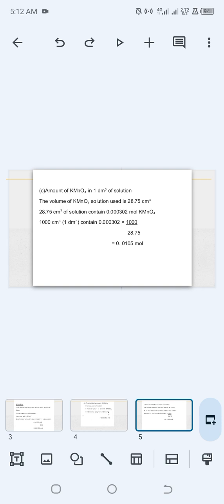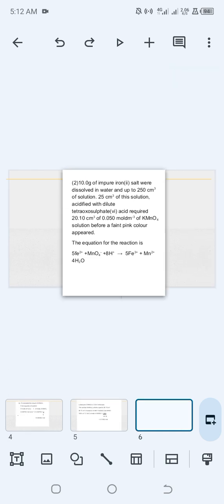It will now be 0.000302 multiplied by 1000 divided by 28.75. Now, the amount in 1 dm³ will be 0.0105 moles. That is for that.